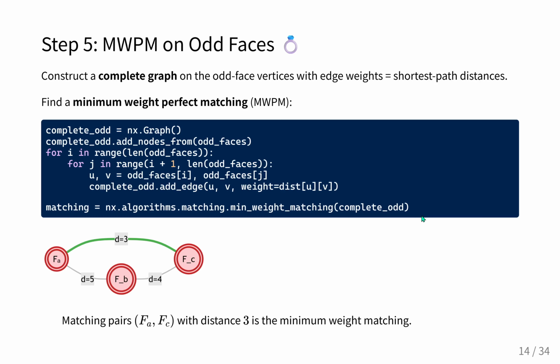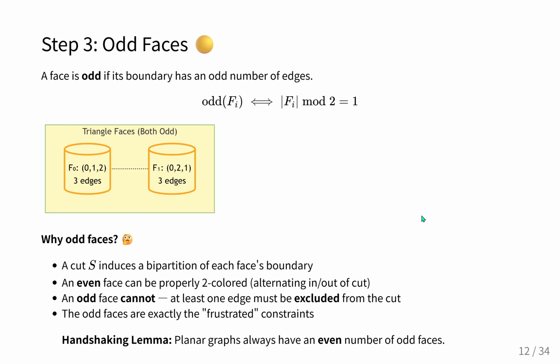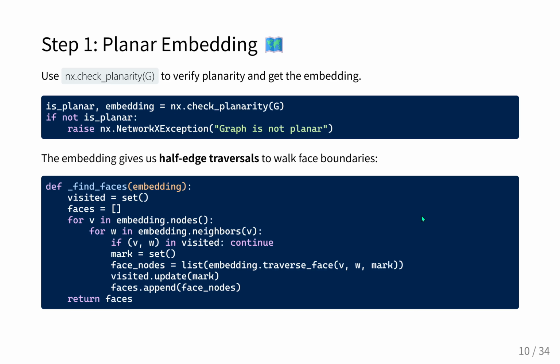Let's walk through how the algorithm actually does this step by step, because it's a really fascinating sequence of logical leaps. The first thing the computer does is verify the graph is actually planar, right? Right. Using a standard library tool like Python's nx.check_planarity. This maps out the embedding, so it gives the computer the exact geometric layout of the boundaries. But the next move is where the genius really lies.